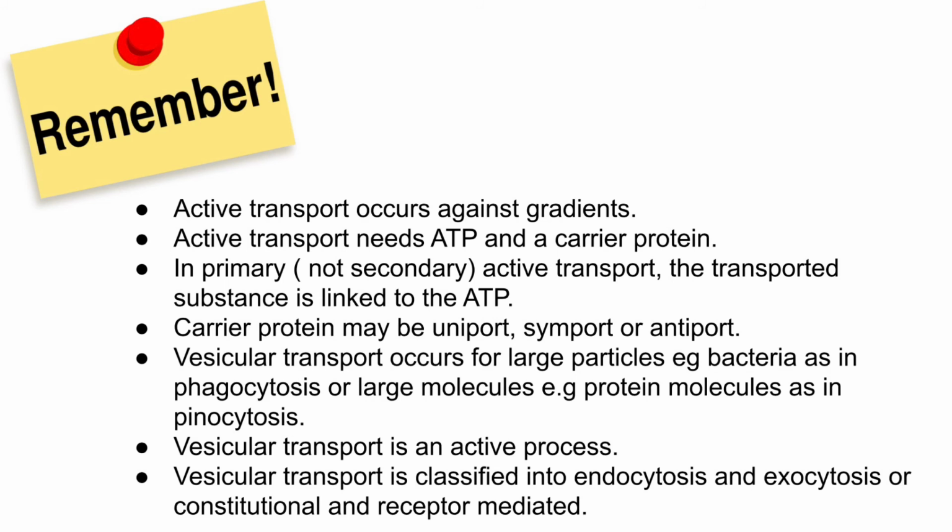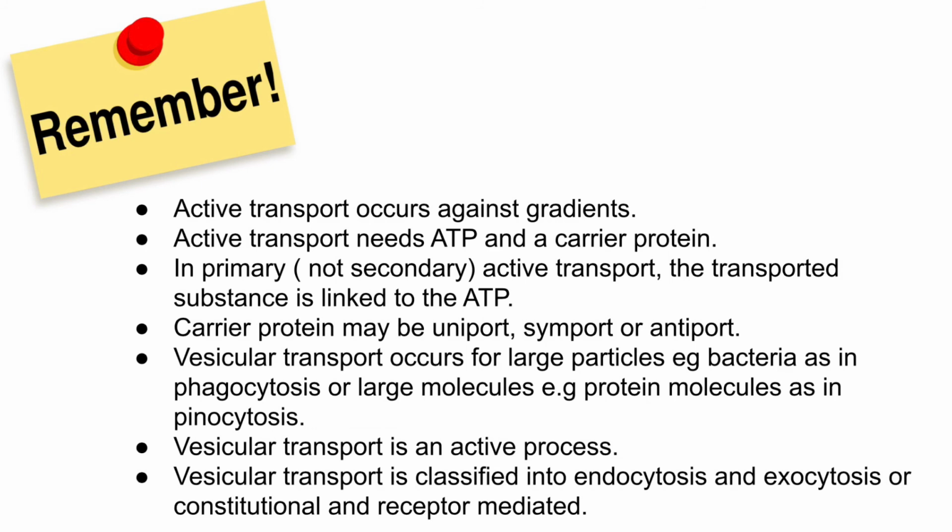It needs ATP and the carrier protein. In primary active transport, not secondary, the transported substance is linked to the ATP. Carrier protein may be uniport, symport, or antiport.